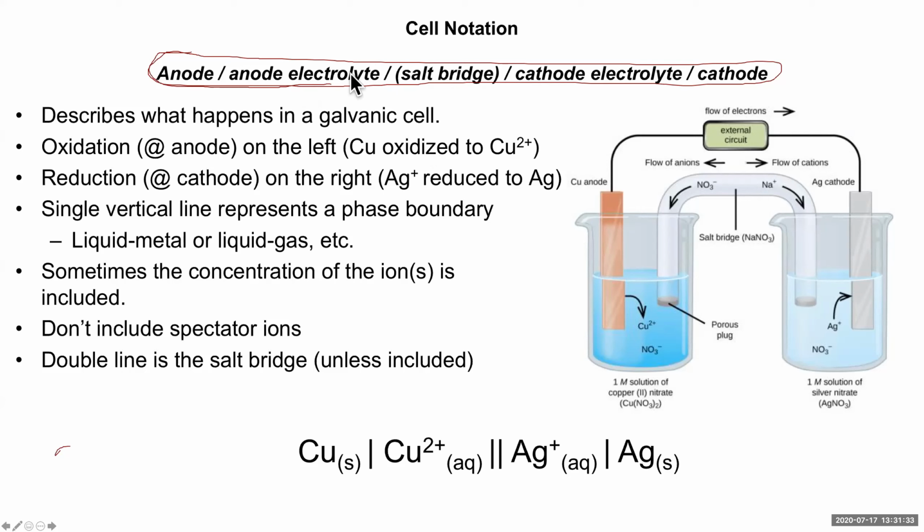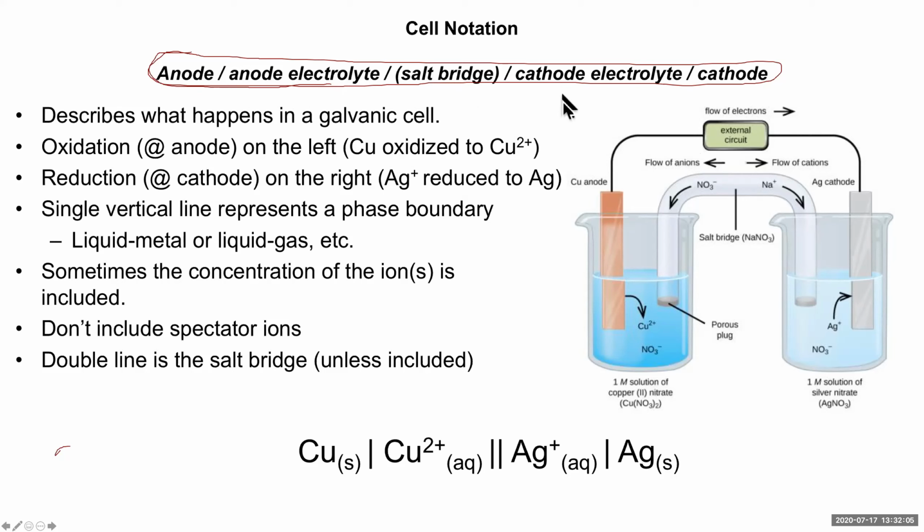And so anyway, this cell notation describes what's happening in the galvanic cell. Anodes on the left, cathodes on the right, just like our diagram. Oxidation at the anode, reduction at the cathode. So in this case, on the left side, we have copper going to copper 2+. So that's what we'd have here. The anode's copper. The anode electrolyte is copper 2+. Salt bridge could be sodium nitrate. That's what it shows here. We could write that in.